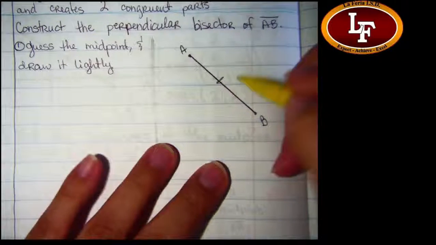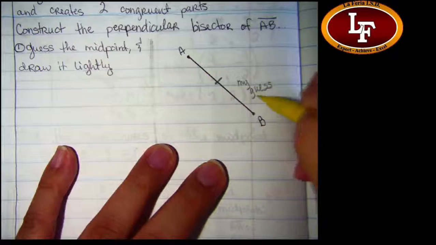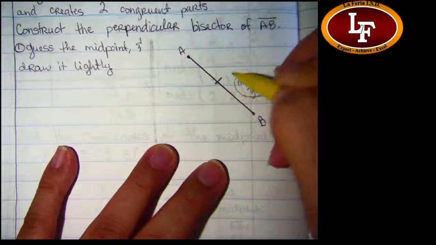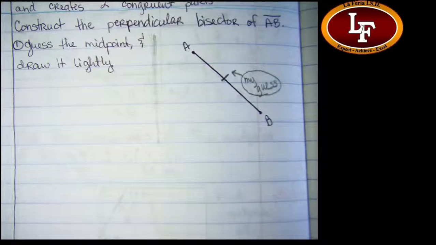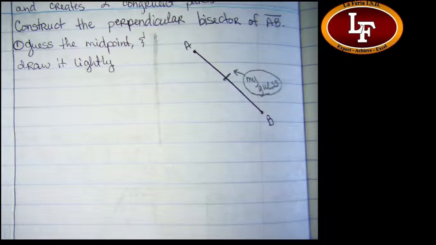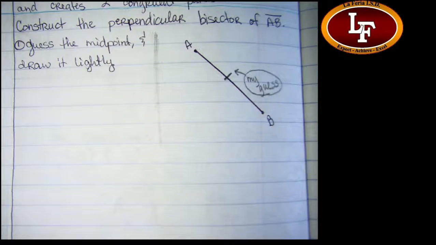Here. This is my guess. It might not be right, and it might not be the same as yours, but it is mine, and that makes me happy. It's a little off. We're going to see how close we got. So take your best guess as to where the middle of your segment is and mark it, okay?